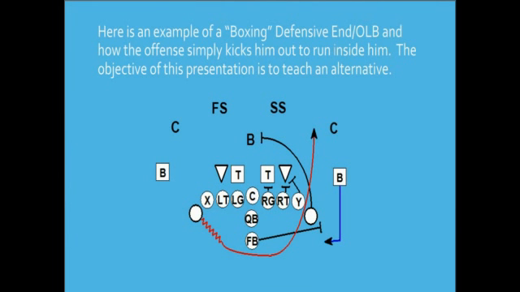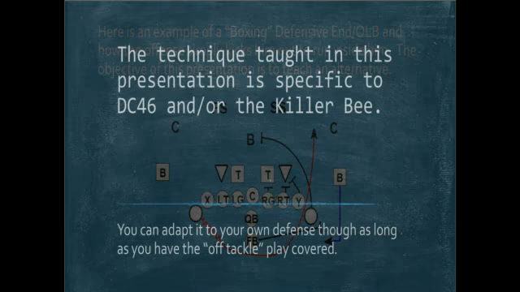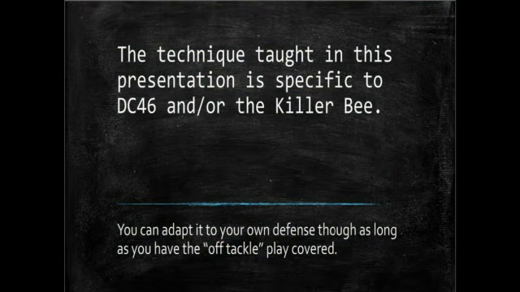The off tackle play is very popular against a boxing defensive end, and that's one of the things we want to make certain doesn't happen when we create any defense. We don't want to give this play up, which is what a boxing defensive end does give up, and we want to avoid that. So we want to avoid the off tackle play, and we want to tackle that sweep for a loss.